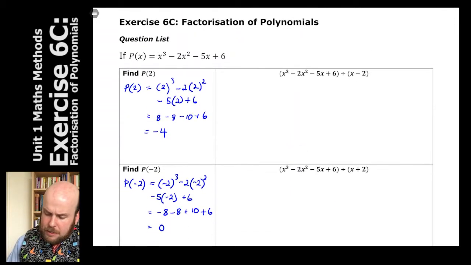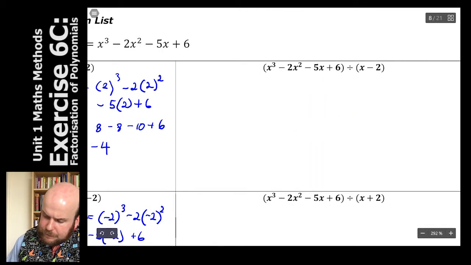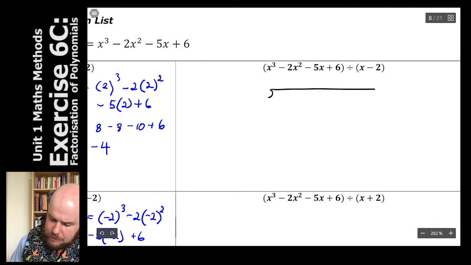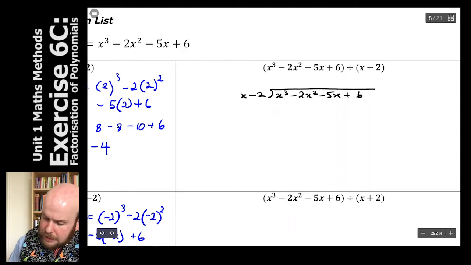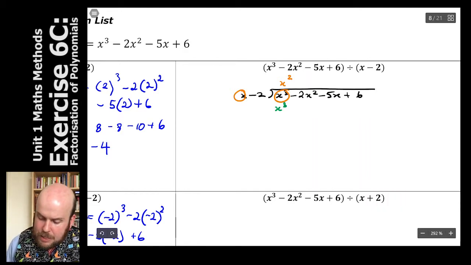So what I'm going to do now is some long division. It's always good to get our practice up with long division. So again, we want to divide: x cubed divided by x is going to be x squared, and x squared times x is going to get us x cubed. x squared times negative 2 is going to make that negative 2x squared.